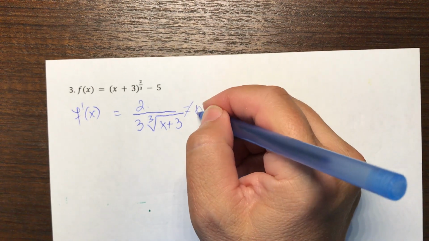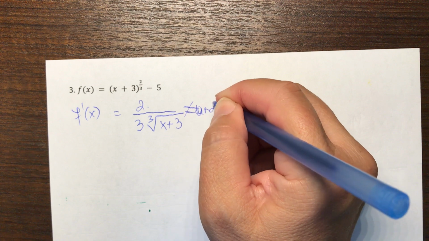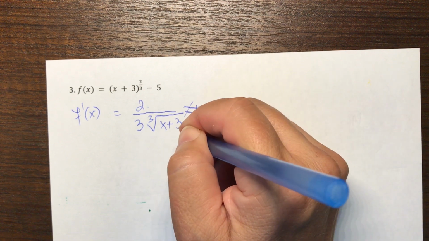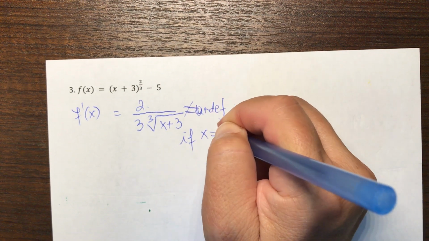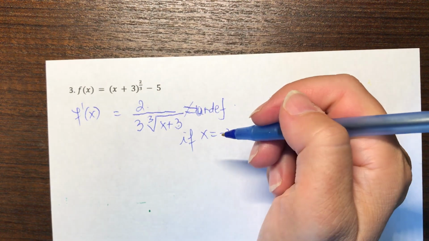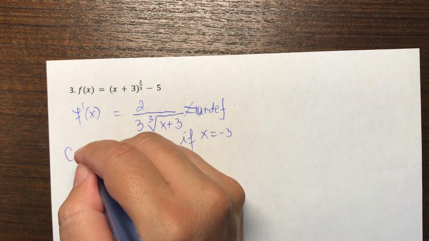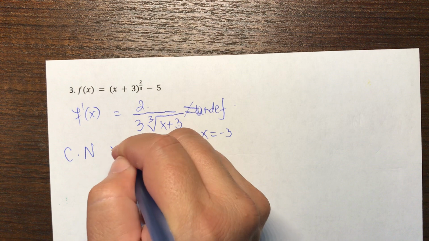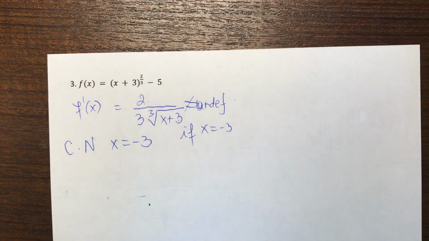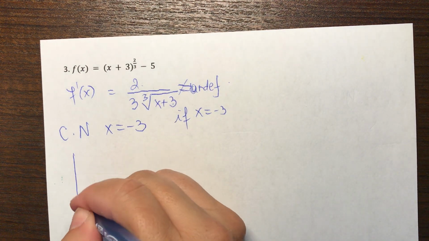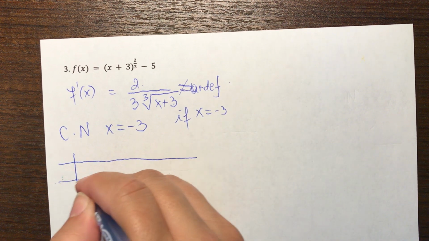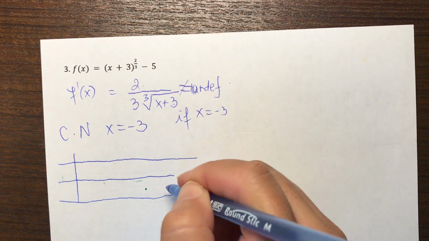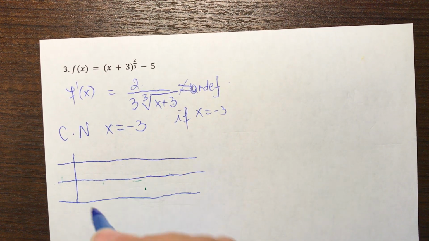But it's definitely undefined. It doesn't exist if what? X is -3. That's what makes the bottom 0. So the only critical number we have was -3, and it came from the fact that the derivative was undefined. Okay.